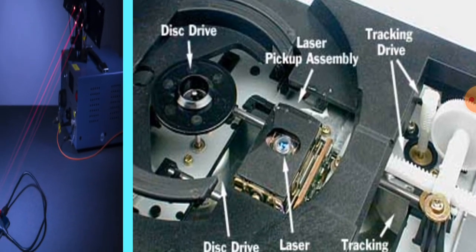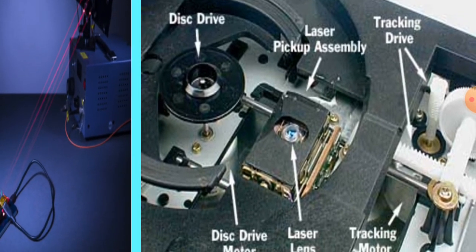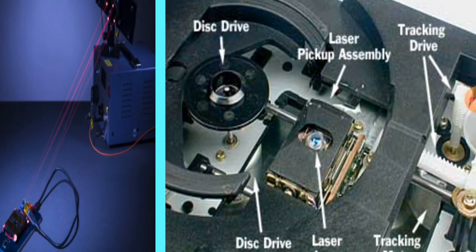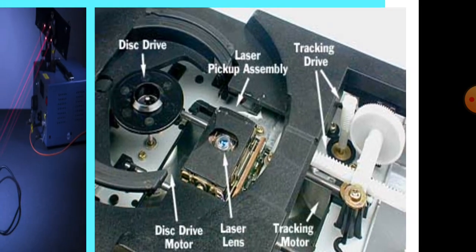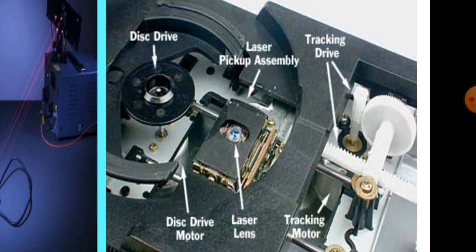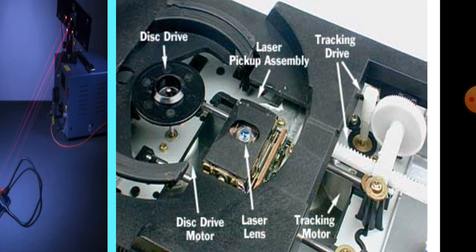With the help of the disk drive, the disk is rotated over the laser lens. From the laser, whatever data is stored in the disk is transmitted towards the modulator, and the modulator then modulates the data into analog signals, audio and video signals.